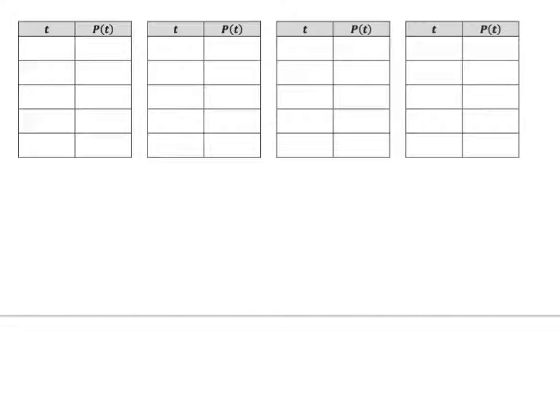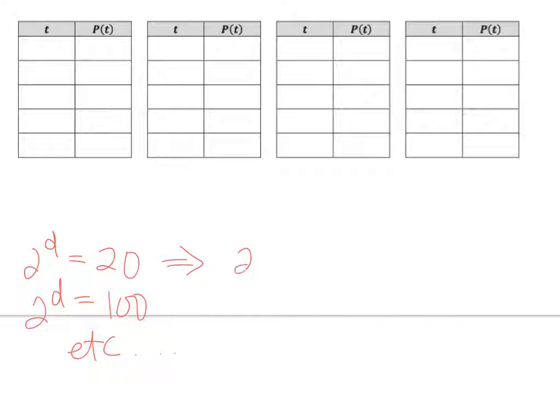Alright, could we actually repeat the same process to find the time required for the bacterium population to reach 20? That'd be 2 to the d equals 20. I mean, we could do this for everything. If we were going to do 20, let's see, I had 2 to the 4th power equals 16, right?